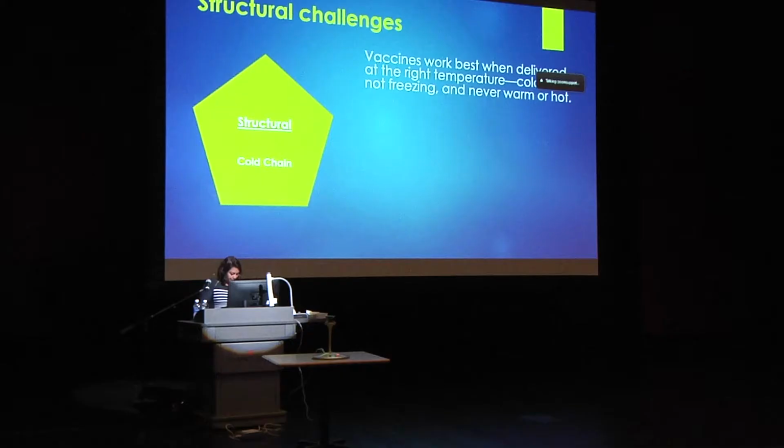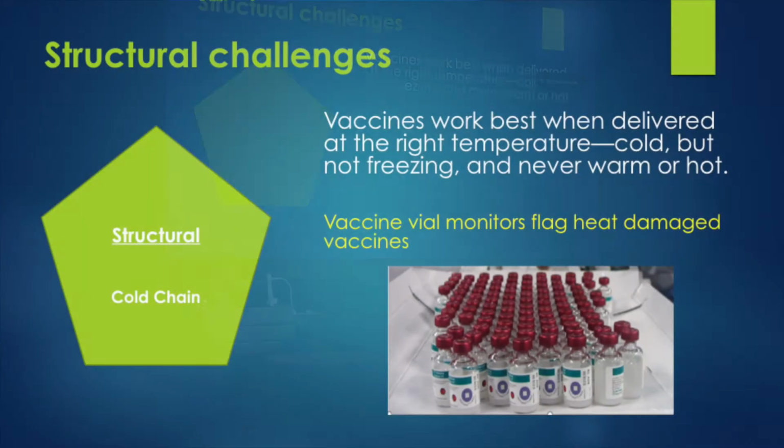Vaccines work best when delivered at the right temperature, cold but not freezing, and never warm or hot. Accidental freezing is pretty common and occurs in 1/3 of countries, regardless of their income.